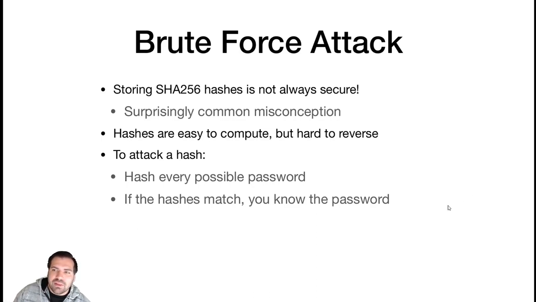Since you can compute hashes very fast, you can run the hash function in the forward direction very easily. There's nothing stopping an attacker, no matter how sophisticated our hashing gets, from just trying a bunch of guesses, hashing those guesses, and then checking if the hashes match the value that they're trying to break.